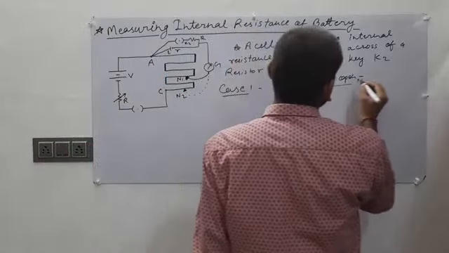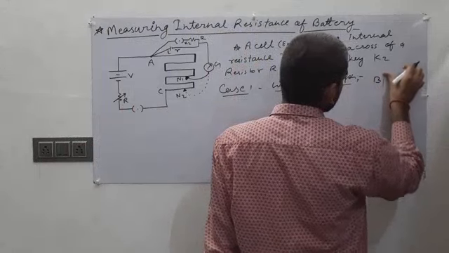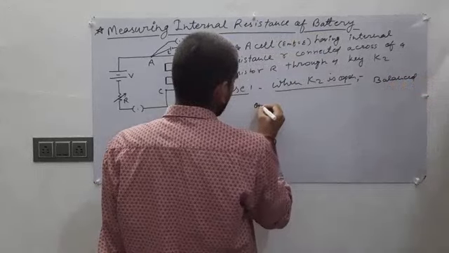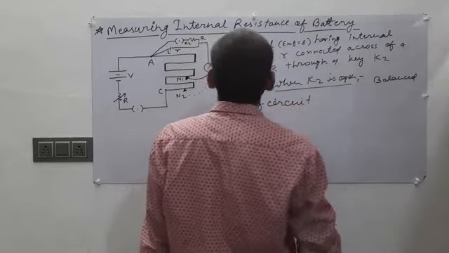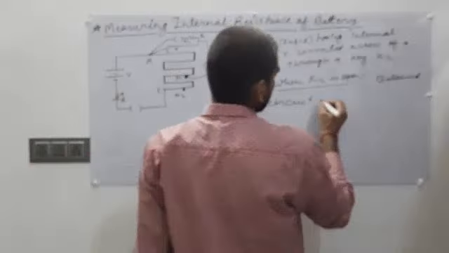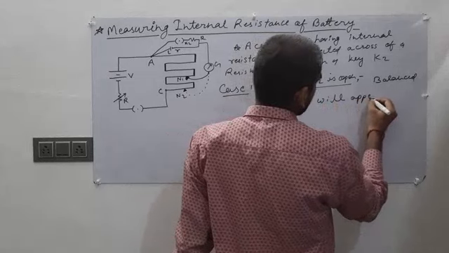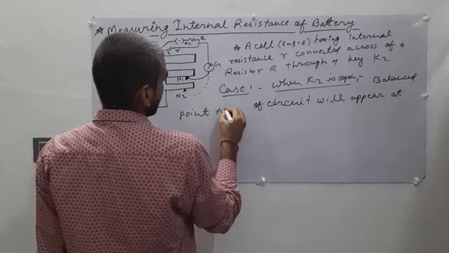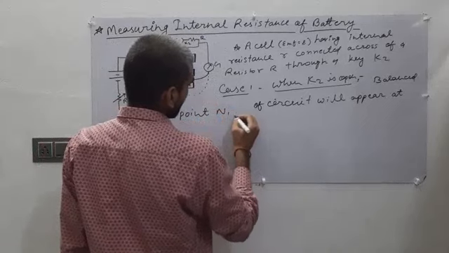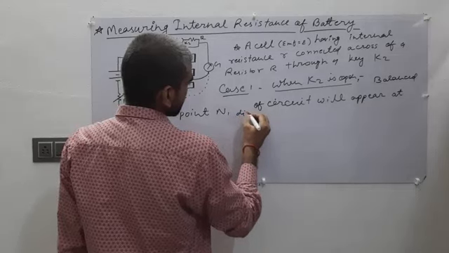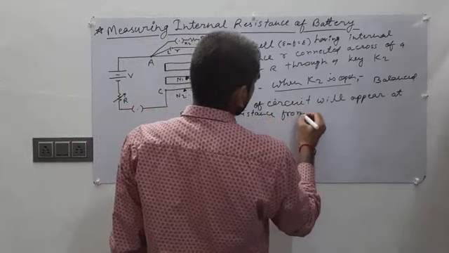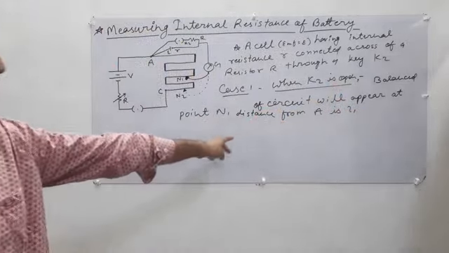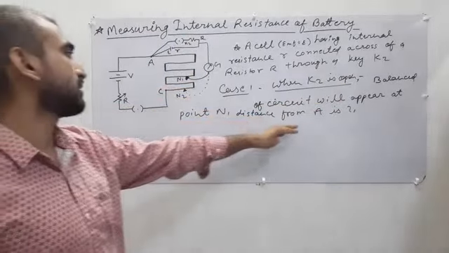Okay, when K2 is open, balance of circuit will appear at point N1, distance from A is L1.